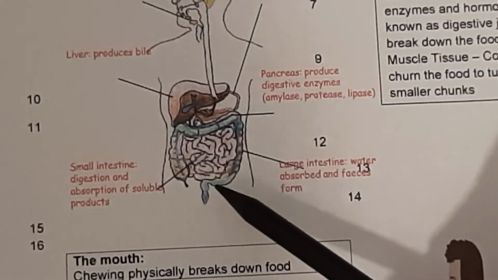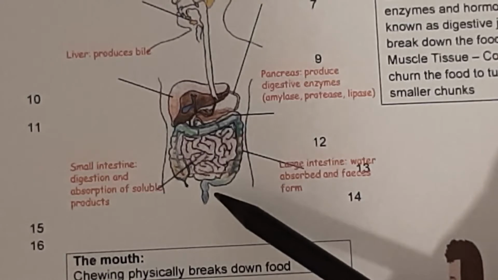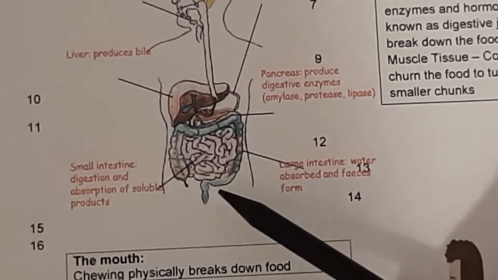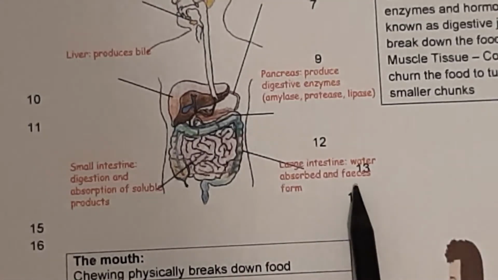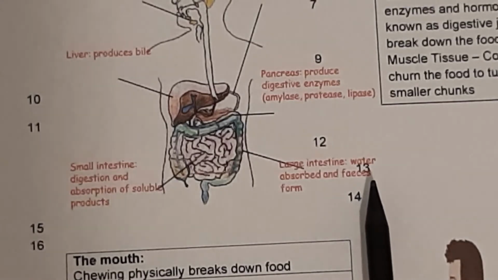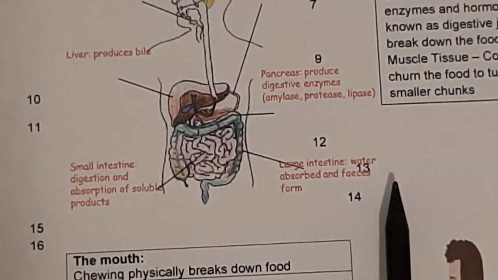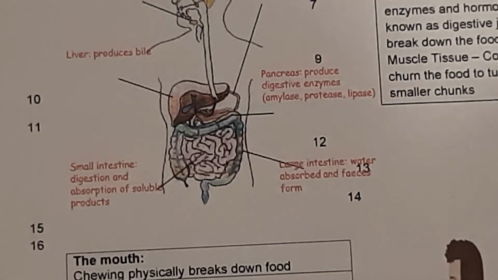Okay, so without the large intestine, we would always have diarrhea. So the large intestine is very important because it keeps us hydrated. If we didn't have our large intestine, we would have to drink a lot more water all of the time, and we would be constantly dehydrated.